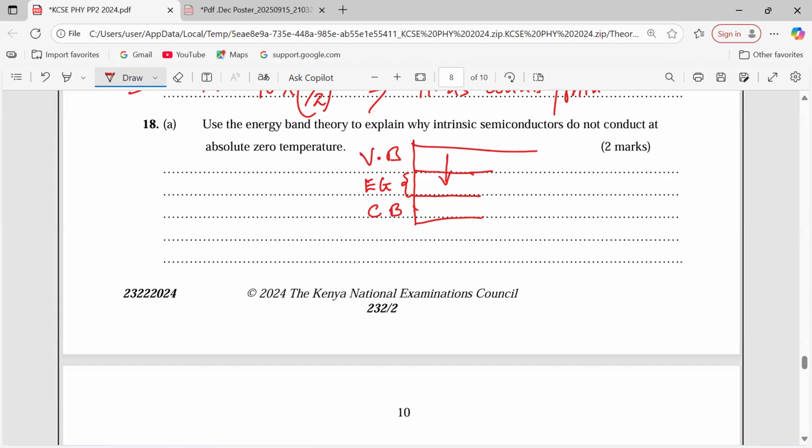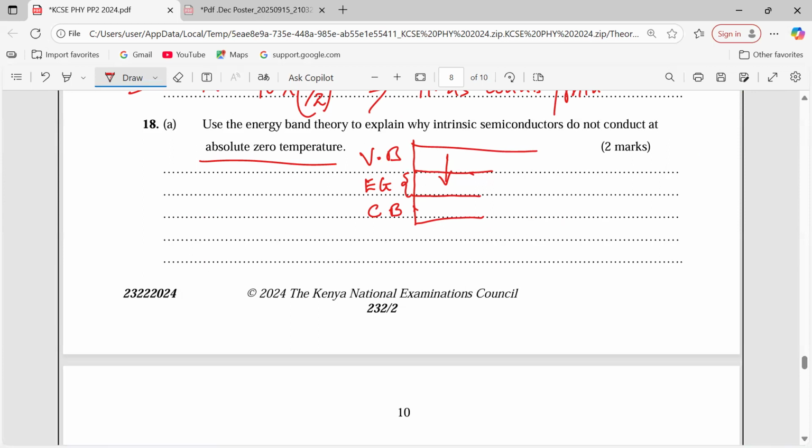When they are at room temperature or absolute zero temperature, their electrons in the valence band have very little energy, and therefore at absolute zero temperatures they behave as non-conductors.